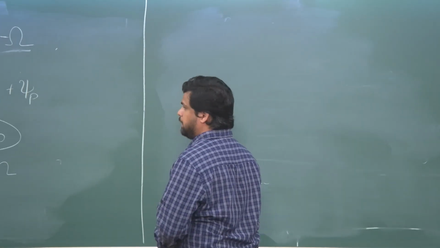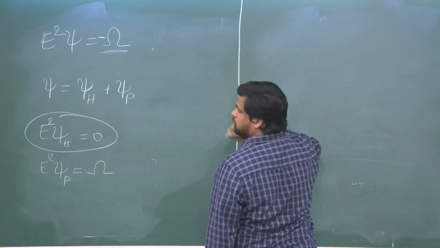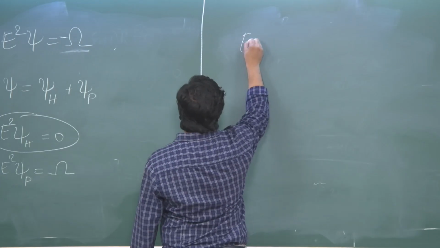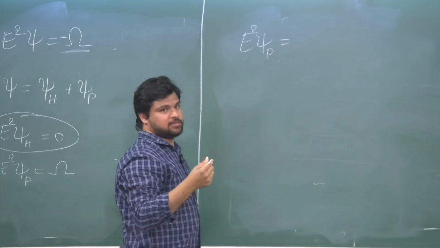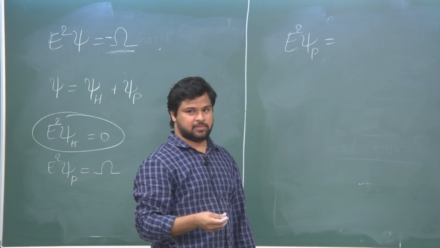So, now we will see the particular integral. Whatever minus comes in e square psi p will be absorbed in the constants, and that constant will again be a new constant.